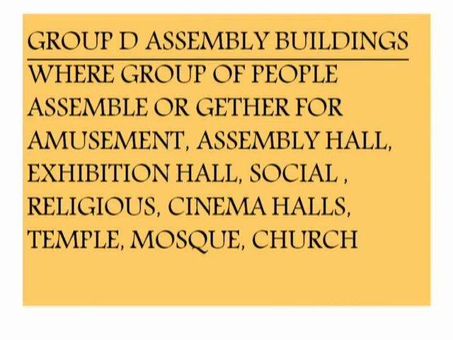So the purpose may be amusement, social, religious, or whatever. They might have assembled for the purpose of prayer. The common assembly buildings are cinema halls, temples, mosques, churches, and different other assembly buildings.